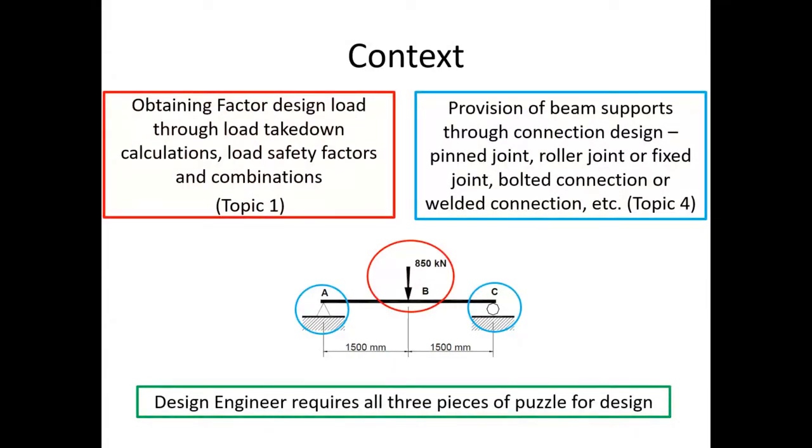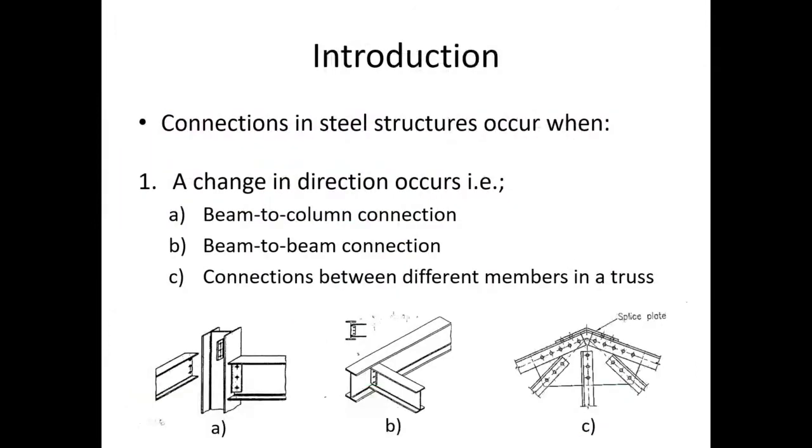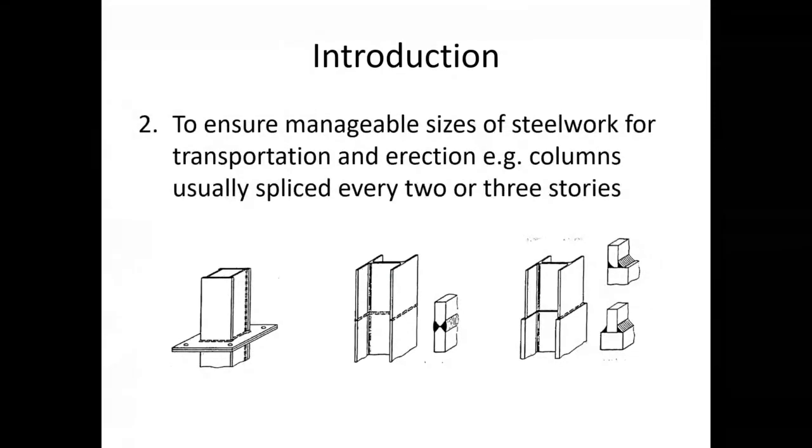As a design engineer, we're required to solve all the pieces of the puzzle for the design. We said that we put in connections if we have a change in direction, for example a beam-column connection, a beam connection, or the connection between different members in a truss. We might also put in connections to manage the size of a member for transport distances.